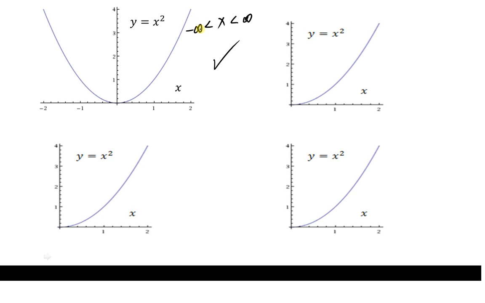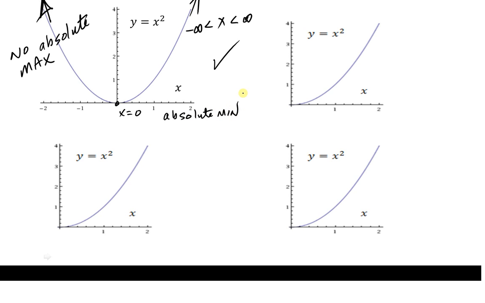And we see that this function continues to increase on the left and on the right, and there is no absolute max. It just continues to increase. However, at x equals 0, we have an absolute minimum.